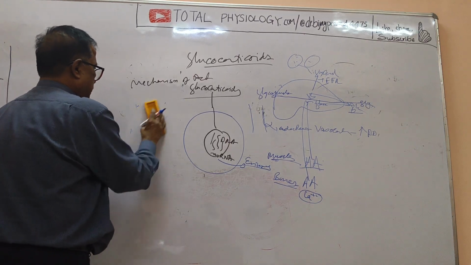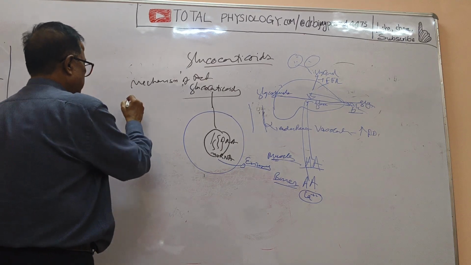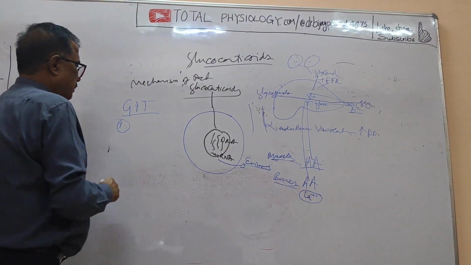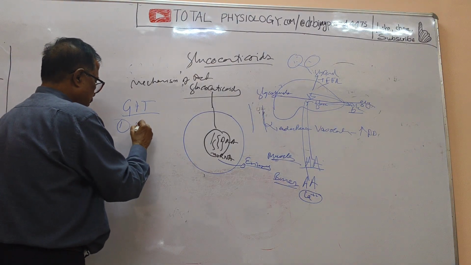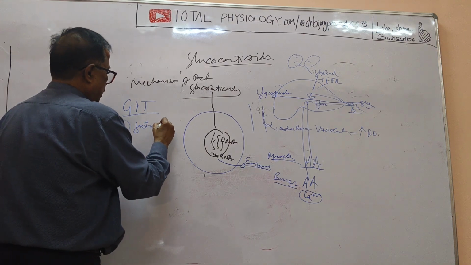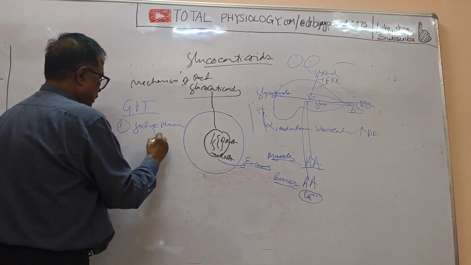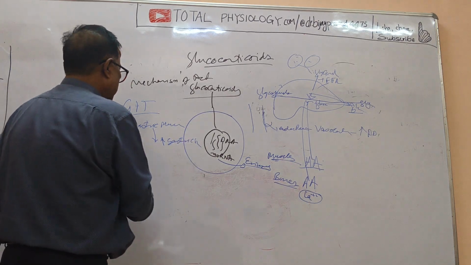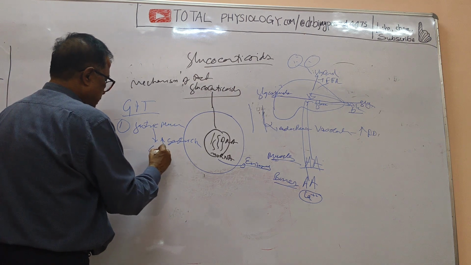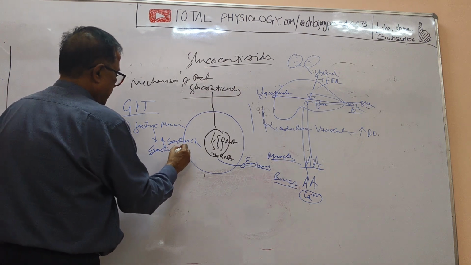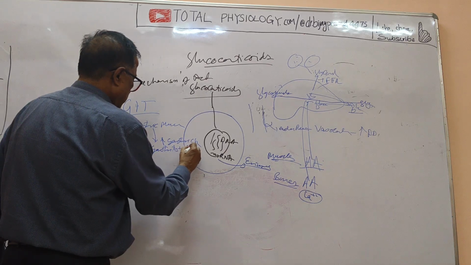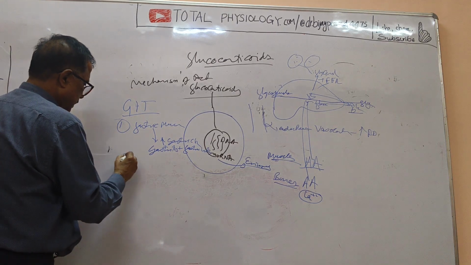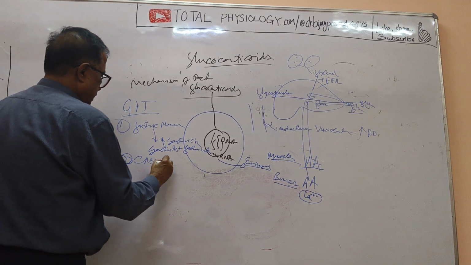Effect on GIT: it depresses proliferation of gastric mucosa, leading to increased gastric secretion. And therefore it causes gastritis and gastric ulcers.